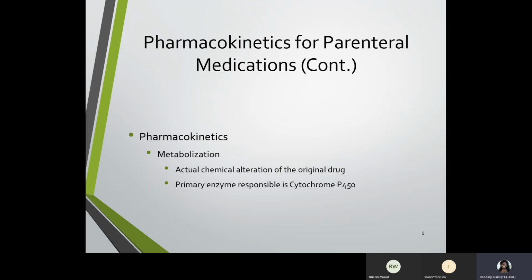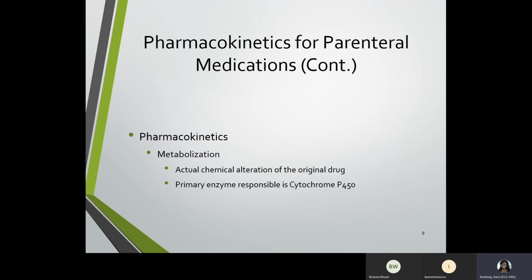Next, we'll talk about metabolization. Metabolization is the actual chemical alteration of the original drug. When metabolization happens, it's basically breaking down the medicine. The primary enzyme system responsible for metabolism is the cytochrome P450.